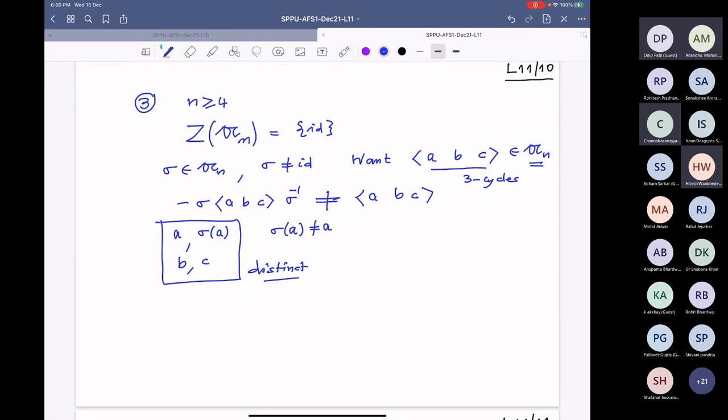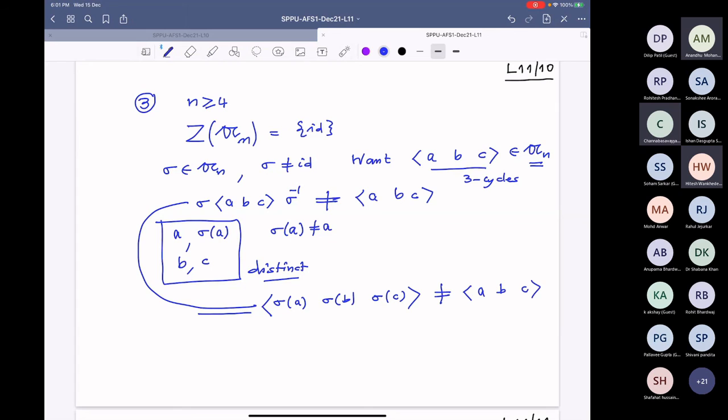Then I know this side. How to compute this side I know. Which cycle is this? This is sigma A, sigma B, and sigma C. And I need to check that this 3 cycle is different from ABC. So let us see where it goes.